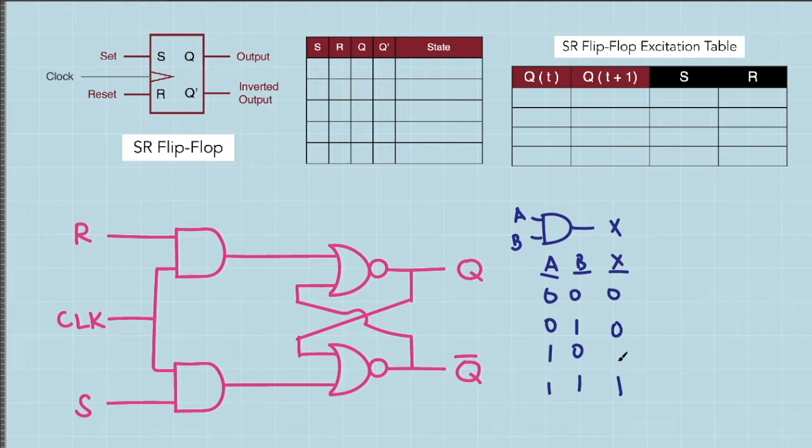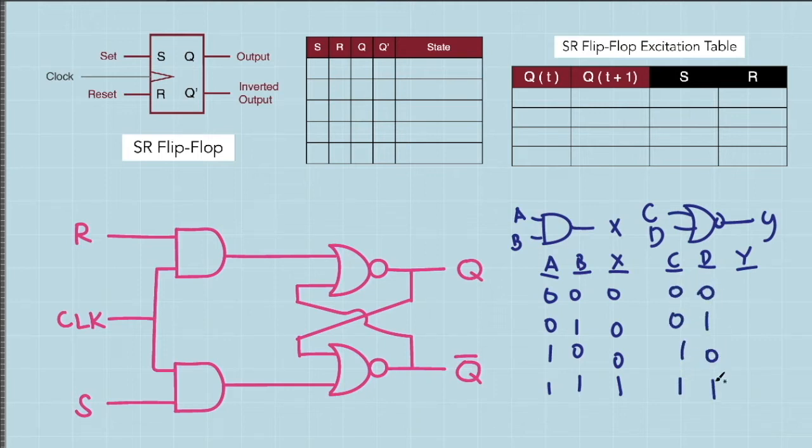Next, since we have a NOR gate, let me write down the truth table for a NOR gate. For example, if this NOR gate has inputs of C and D and an output of Y. So if this is input C, input D, and this is the column for output Y, the possible combinations of inputs C and D are 0, 0, 1, 1, and 0, 1, 0, 1.